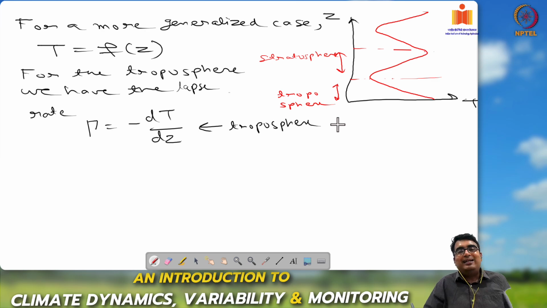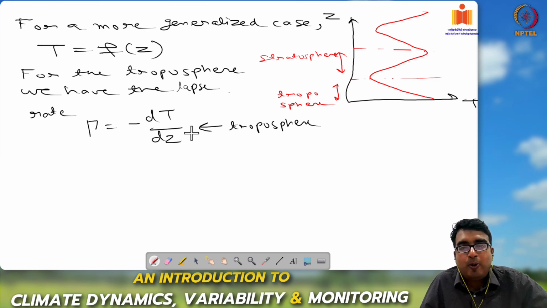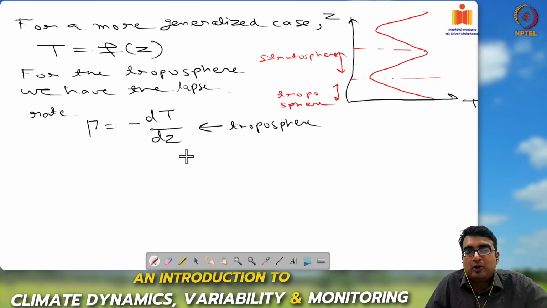This gamma, which is the slope of the change in temperature with altitude, can be considered constant in the troposphere. We will have a different lapse rate in the stratosphere, and again the lapse rate will change, so each zone of the atmosphere has different lapse rate values. But let us consider our case only for the troposphere, which varies approximately from 0 to 12 kilometers.